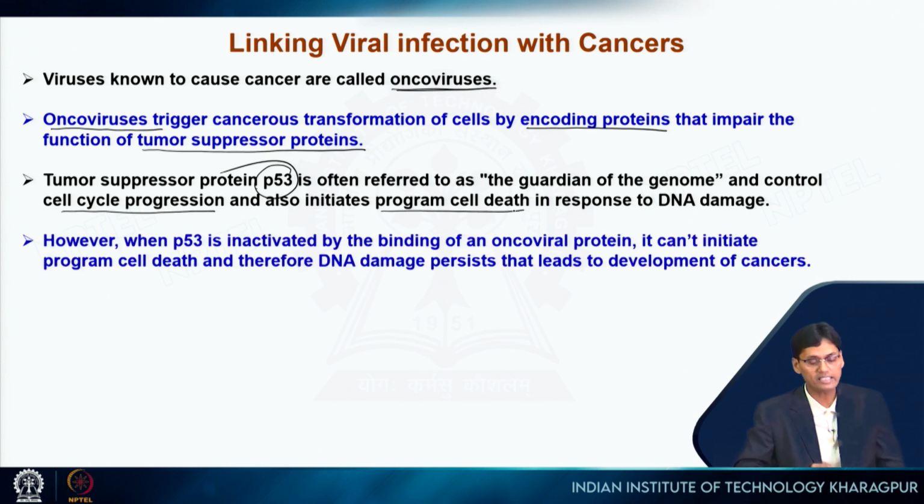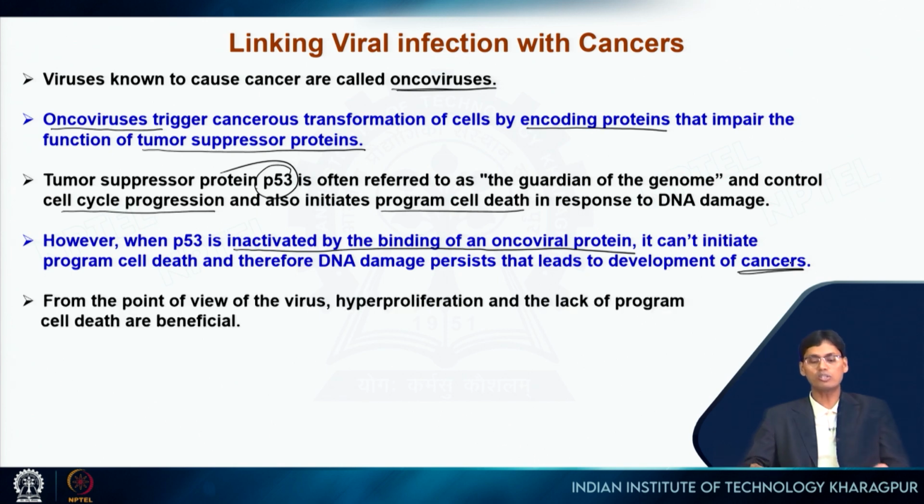So when p53 is inactivated by the binding of oncoviral protein, this tumor suppressor protein cannot initiate programmed cell death, and therefore DNA damage persists inside the cell, and finally it will lead to cancer, right? So this is how viral infection also causes cancer.